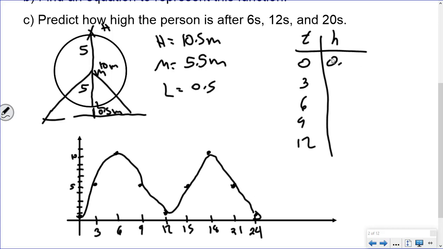And what we would find is that we would get these points that we're looking at here: 0, 0.5, 5.5, 10.5, 5.5, 0.5, and so on. All right, so there's my graph of time and height.